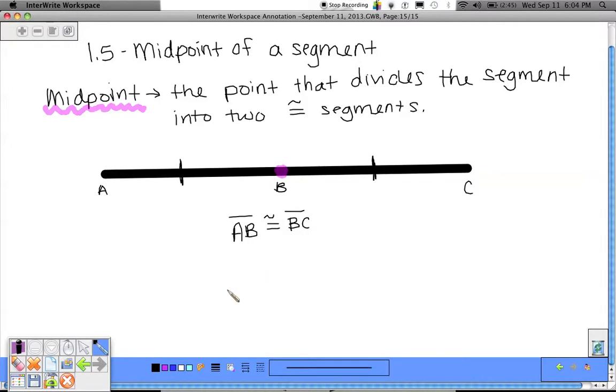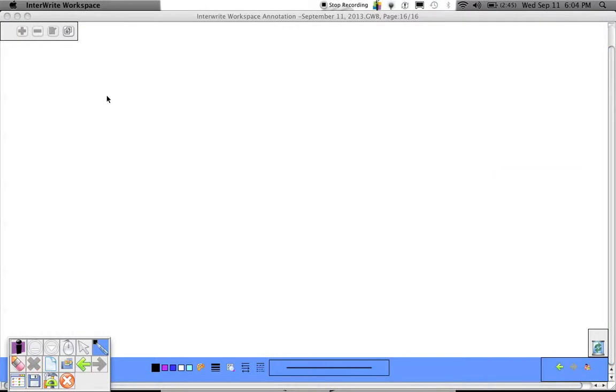So we're going to use the midpoint much like we've been using the segment addition postulate.